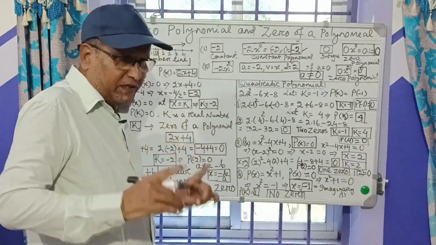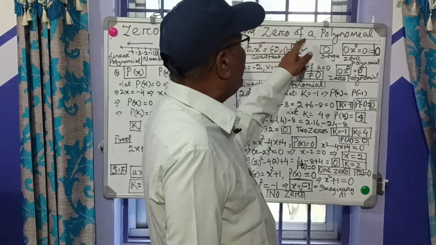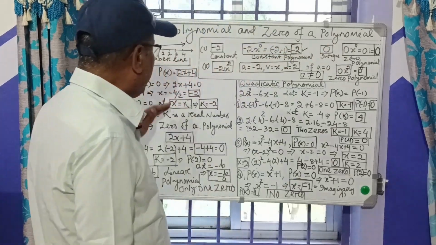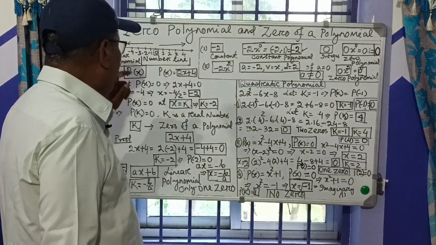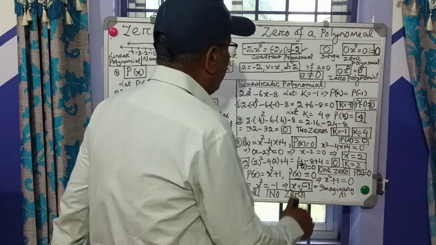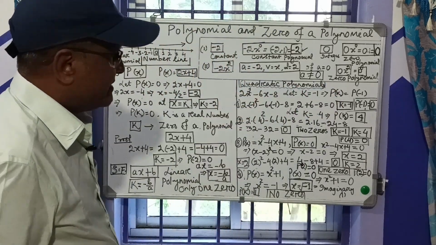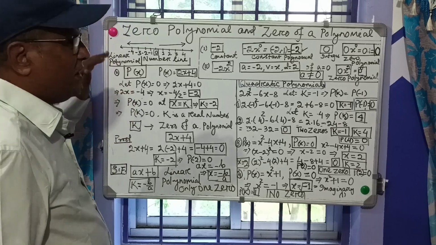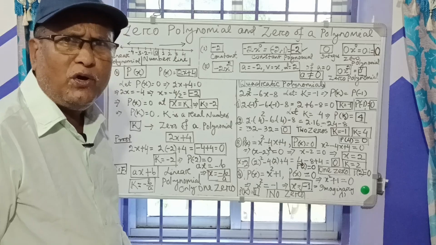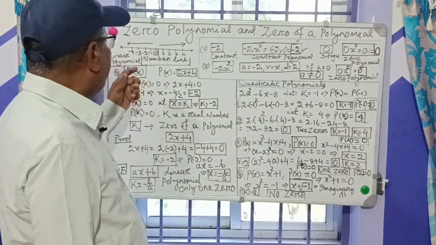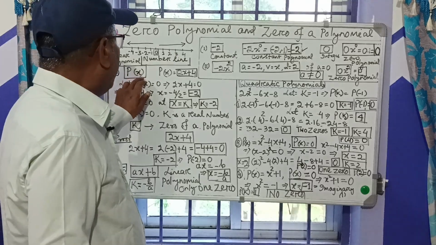But our today's topic is the comparison between the zero polynomial and the zero of a polynomial. We have taken two examples, linear polynomial and quadratic polynomial. We have taken one example here. Some students are confused with p(x). What is p(x)? p(x) means a polynomial in variable x.